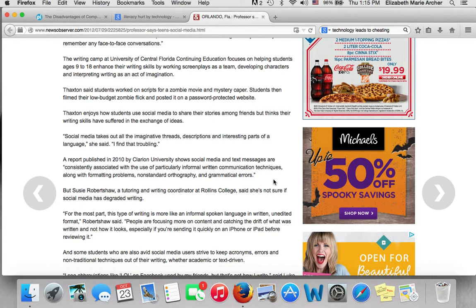I guess that could be harmful for their literacy skills. If they're constantly seeing these errors, they may be more likely to repeat these errors in their own writing. But again, we would have to see if they would only repeat those errors in their own social media. Like, hey, this guy doesn't have correct grammar tweeting, so I don't have to have correct grammar tweeting. But we'd have to see if that translated to an exam or something like that.